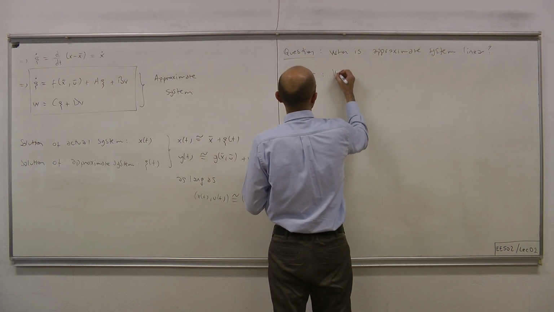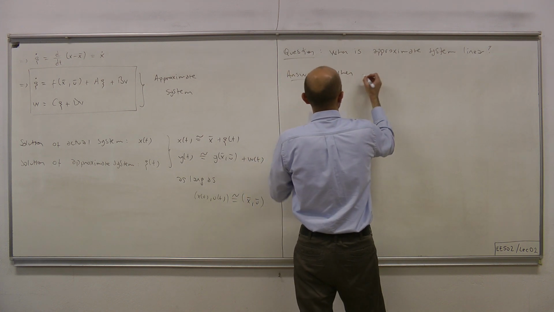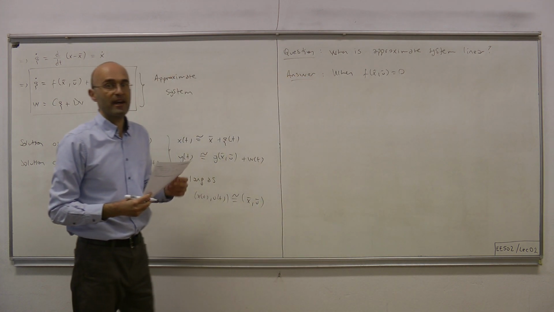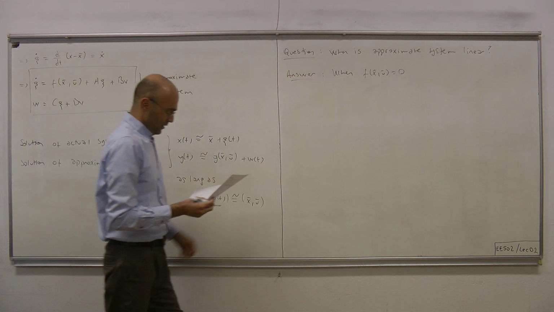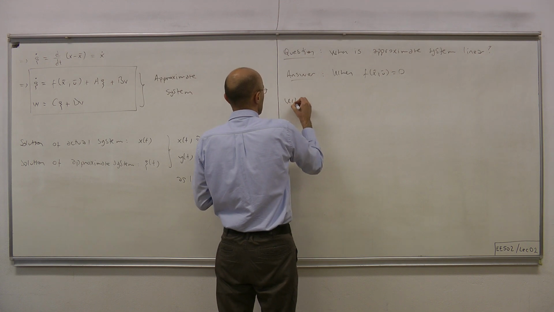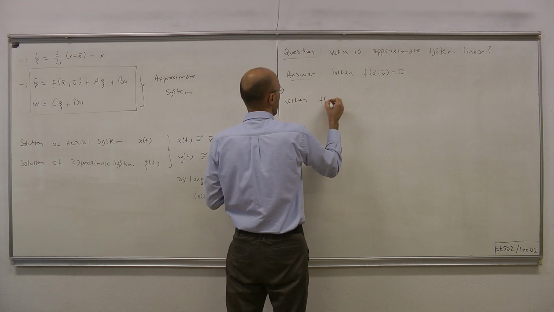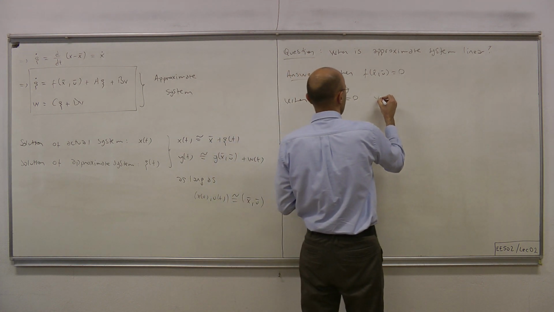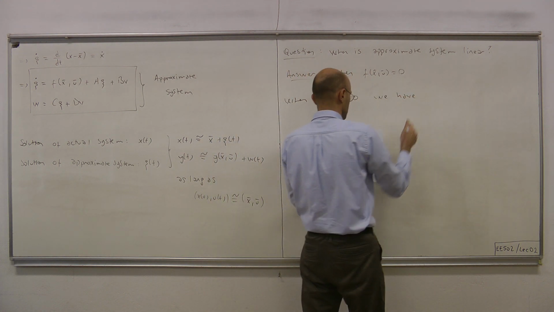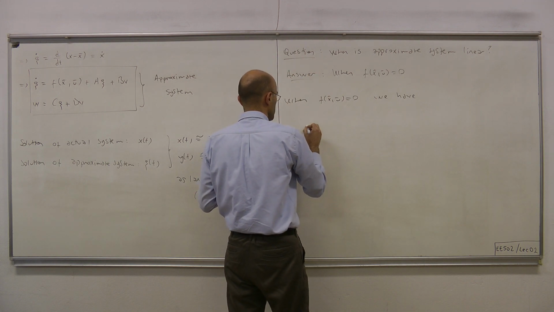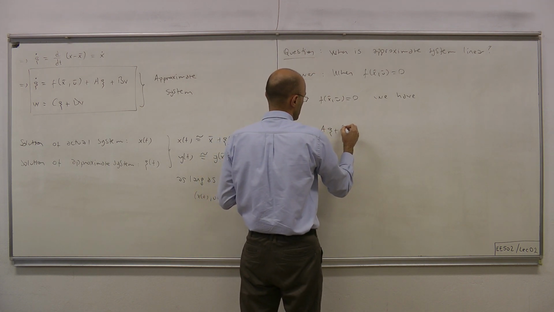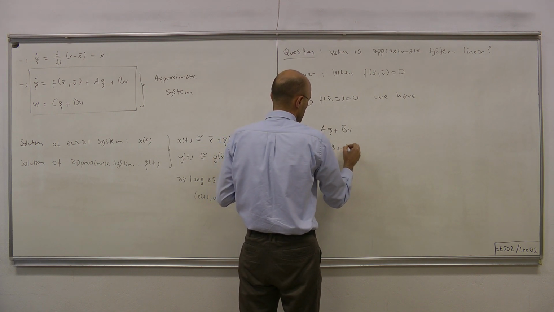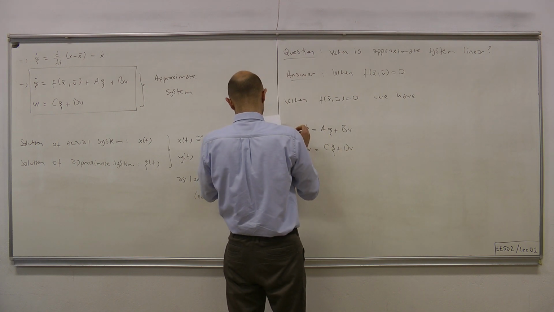Here is the answer: when f of x bar, u bar equals the zero vector. Because when f of x bar, u bar equals 0, we have psi dot equals A psi plus B v, and w equals C psi plus D v.